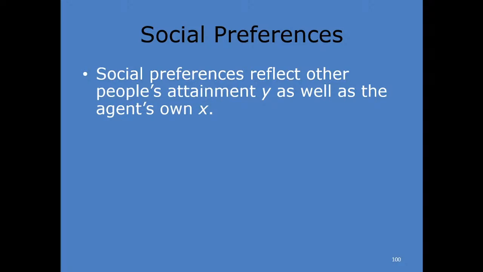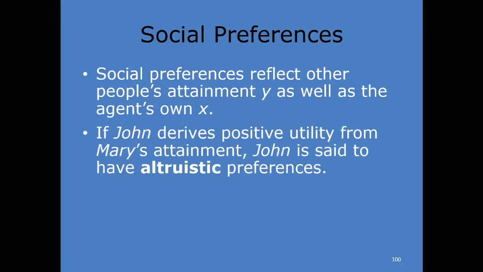And you can do that by introducing social preferences that reflect other people's attainment. So assuming there's only 2 players, player 1 gets X and player 2 gets Y, you need to put both of them in your utility function. So if John derives positive utility from Mary's attainment, then John is said to have altruistic preferences.